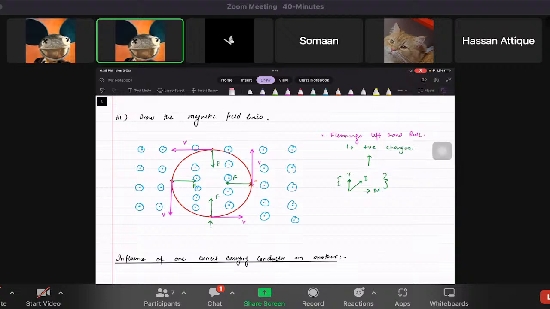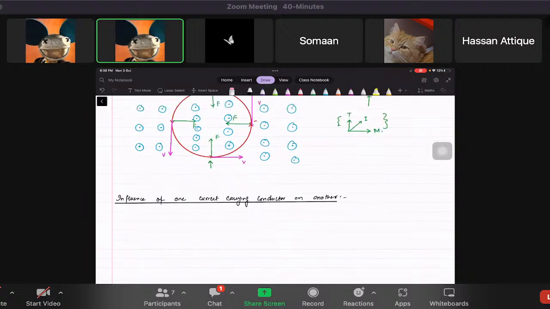Your teacher might have told you that when the currents in wires are going in a similar direction, so let's suppose this is current 1 and this is current 2, current carrying wires in the same direction basically attract each other. Remember? Because they feel a force. And current carrying wires in the opposite direction repel each other.